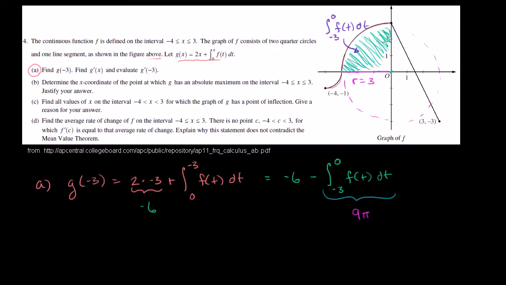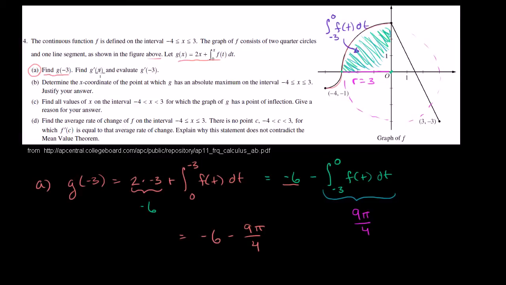But this is only 1/4 of the entire circle, so we want to divide it by 4. So this right over here will evaluate to 9 pi over 4. So part A, we get -6, that's that right over there, minus 9 pi over 4. And that's at least the first part of part A.